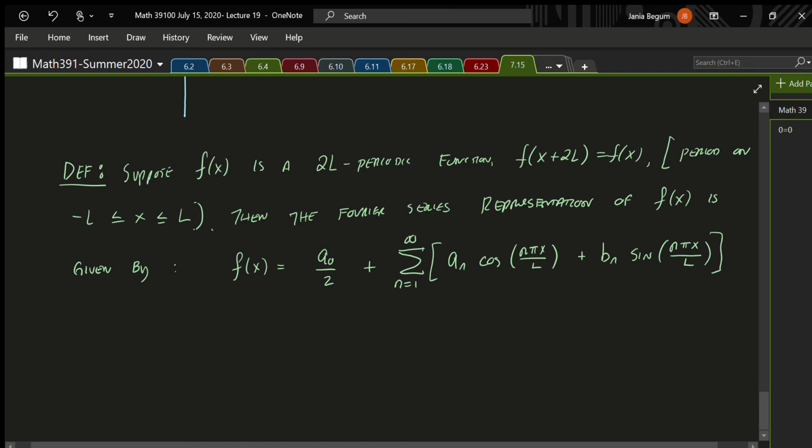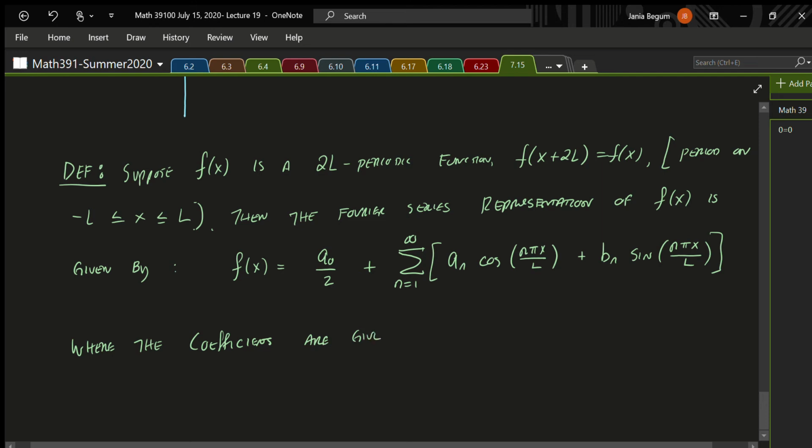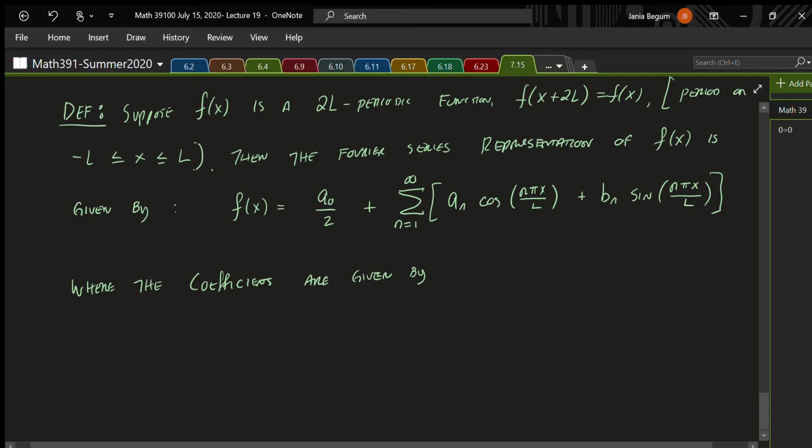where the coefficients a0, an, and bn are given by the following. So you have a0.